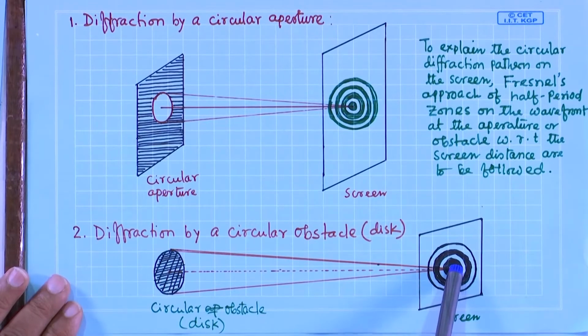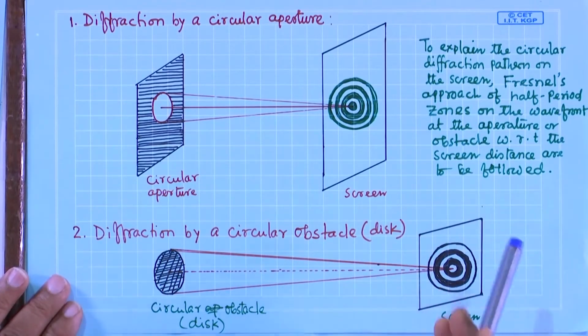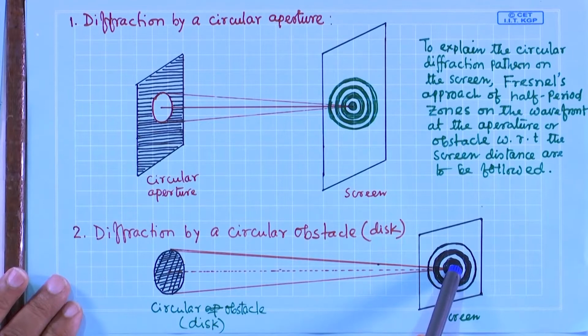Taking this as the center, we will get a circular diffraction pattern, and surprisingly, in this case the center is bright all the time. It does not matter if you change the screen distance; it will always be bright.